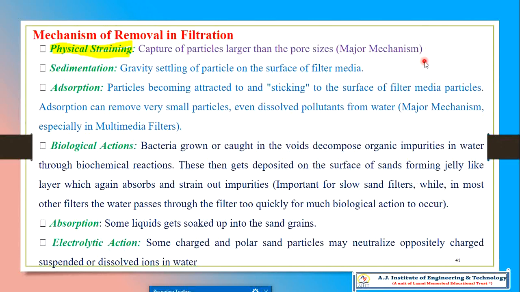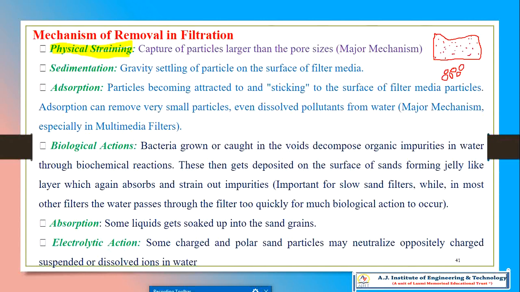For that I'll give one good example. This is a filter media which has sand particles.